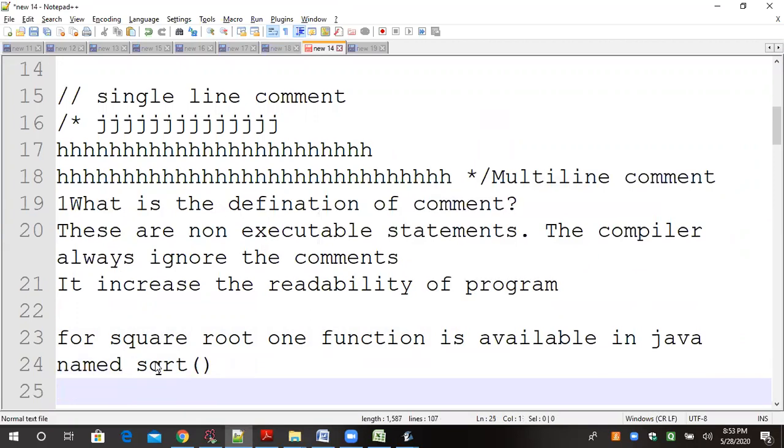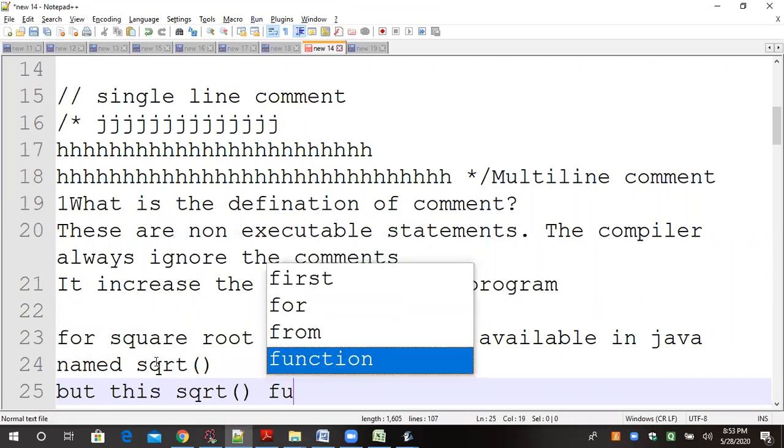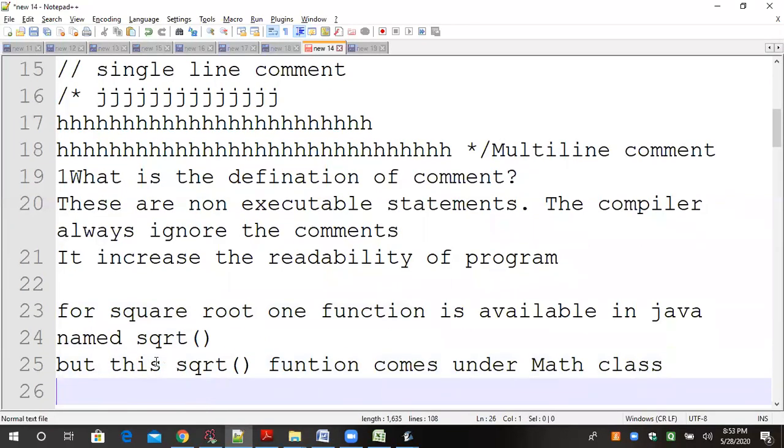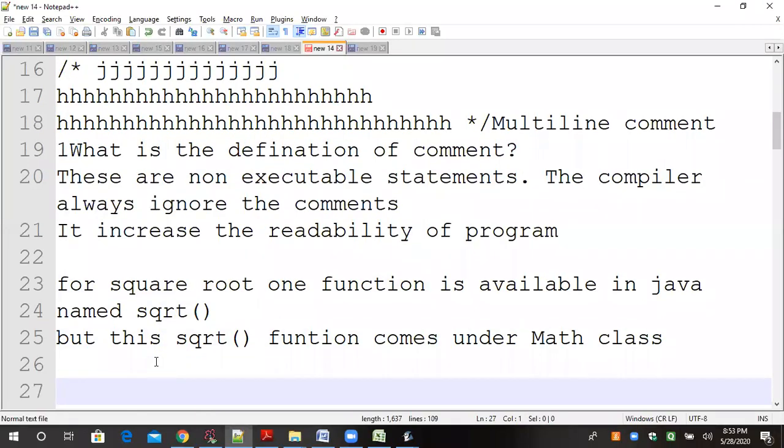Understand? But this sqrt function comes under the Math class. Okay, so how to use this function?